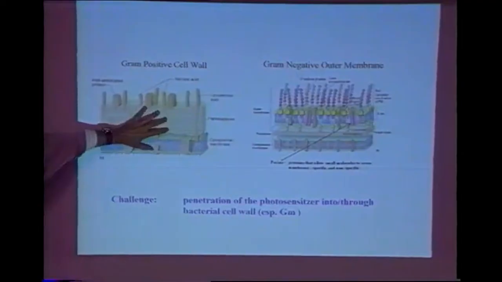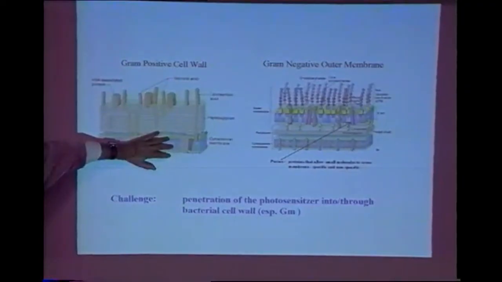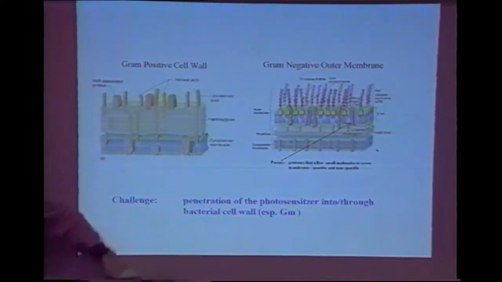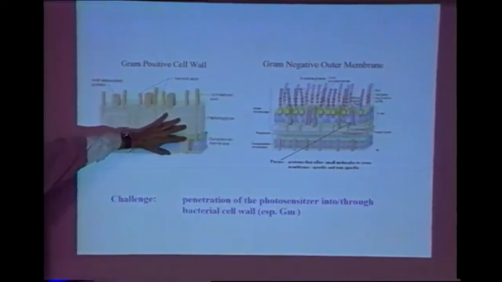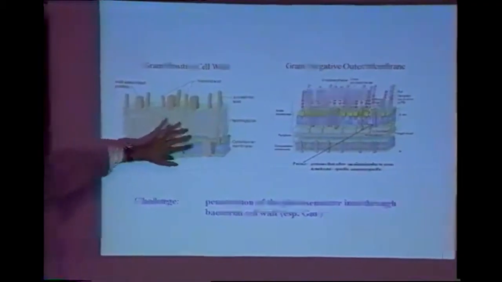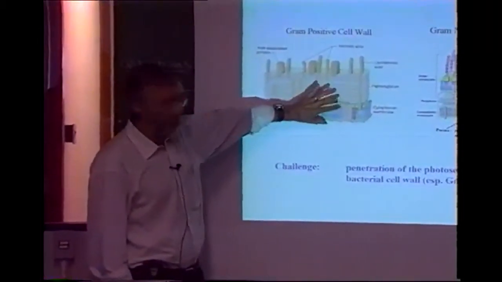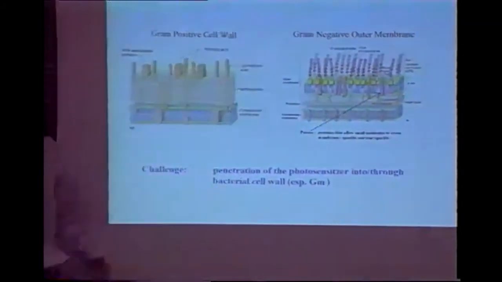So you basically have a big challenge of how do you get the photosensitizer to go into the bacteria. And it's not even known where it has to kill the bacteria. Maybe you just kill the cell wall or destroy the cell wall. So just because a drug works in gram-negative does not mean that it will work in gram-positive or vice versa.